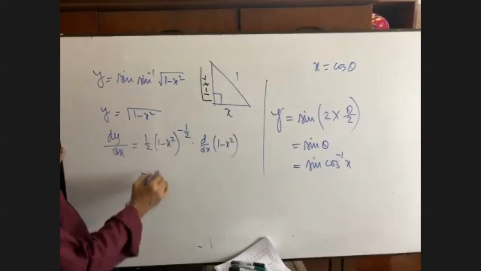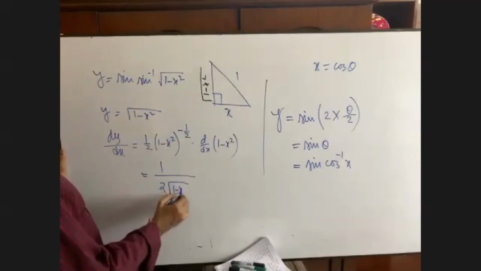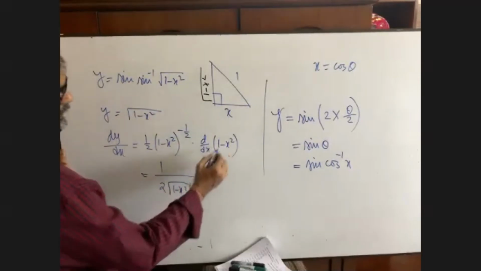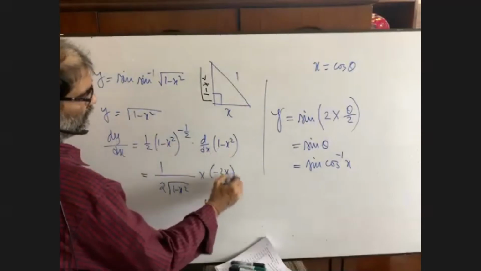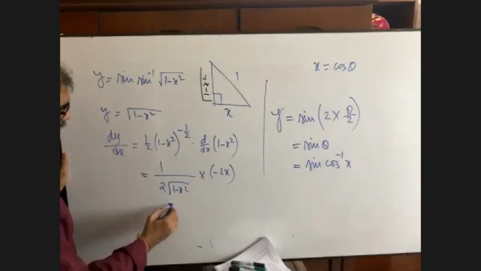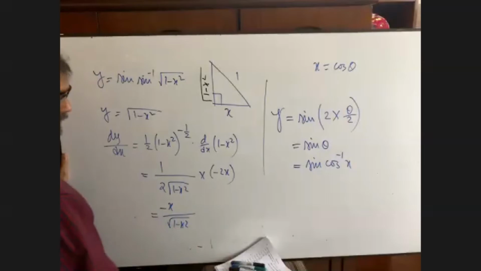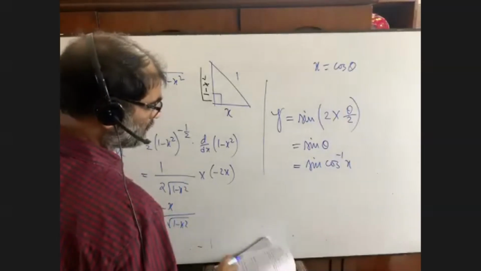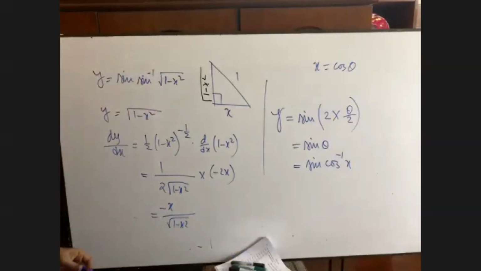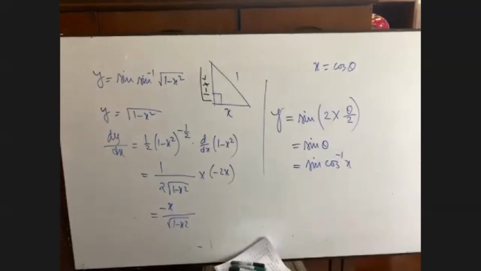That means it is 1 by 2 root over 1 minus x square into minus 2x. 2 will be omitted. So our answer is minus x by root over 1 minus x square. This is the answer. Yes, you are right. So in all math, we have about 10 formulas that I have used.